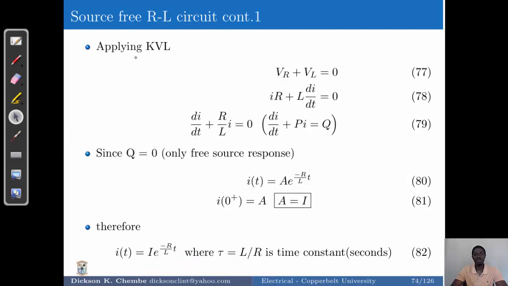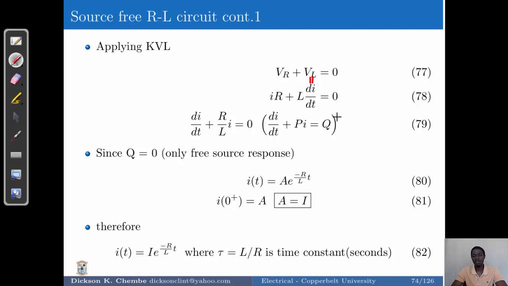To find the values, we apply KVL in a similar way as we did with the capacitor, only that here we have the voltage across the resistor and the voltage across the inductor, which is replaced by L di/dt and iR. And so we can divide both sides by L, and what we obtain is di/dt, or rate of change of current over time, plus R over L times i, equals 0.